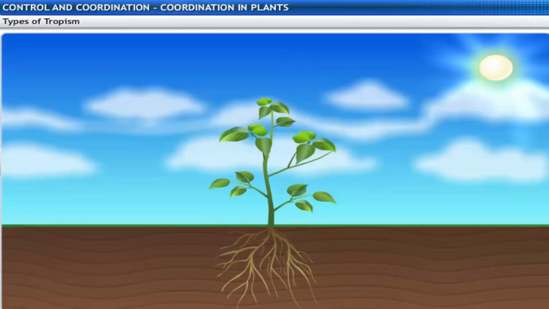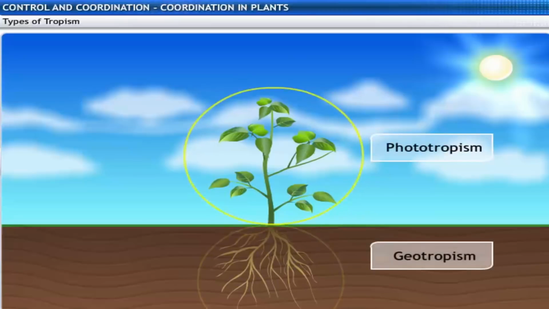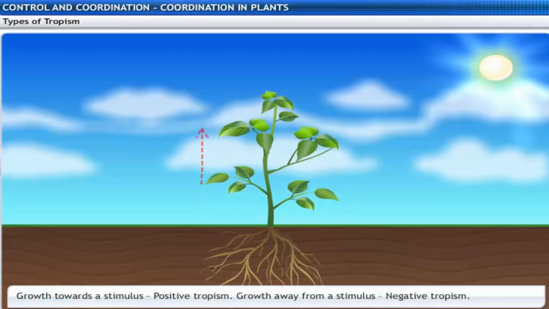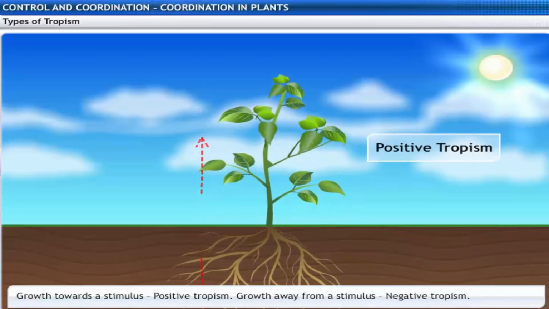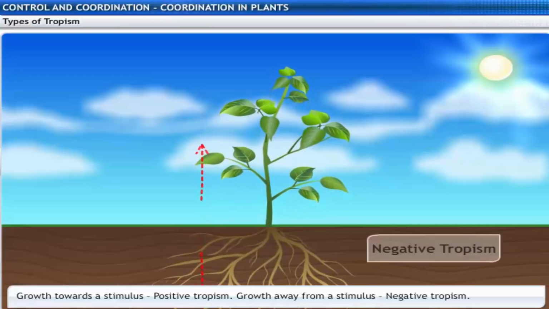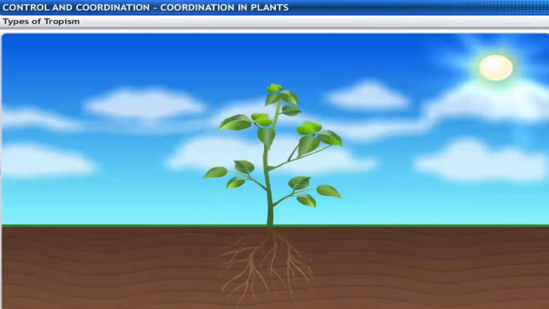The most common tropic movements are phototropism and geotropism. Growth towards a stimulus is a positive tropism, while growth away from a stimulus is a negative tropism.